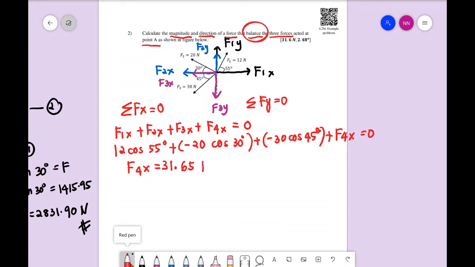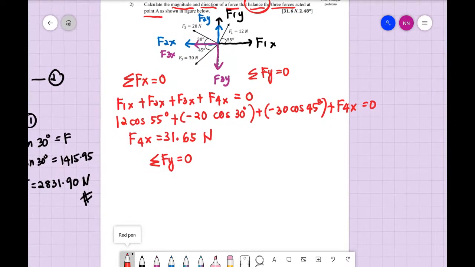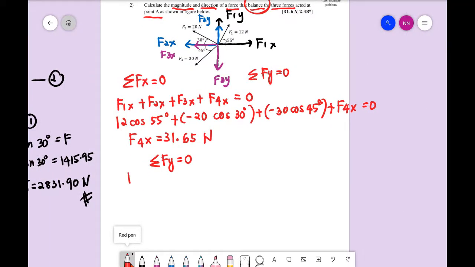Newton. And then how about component Y? Net force Y equals 0 because it is balanced, so it is in equilibrium. So we have F1y plus F2y plus F3y plus F4y equals 0. F1y is upward, so it is positive 12 sine 55 degree.